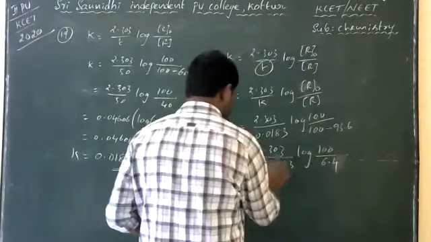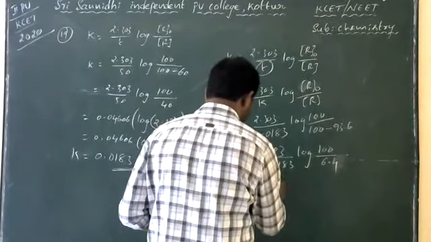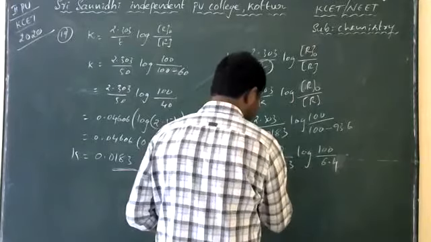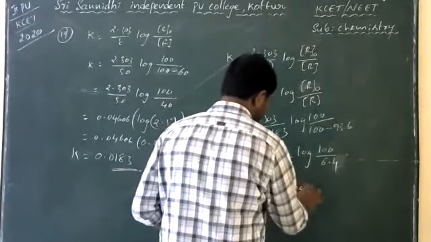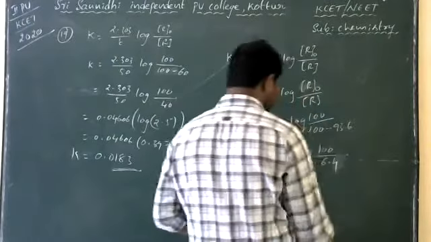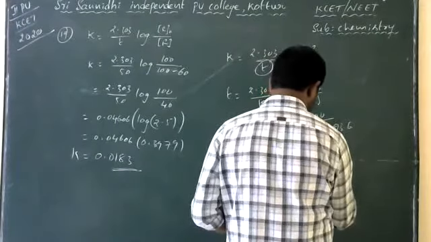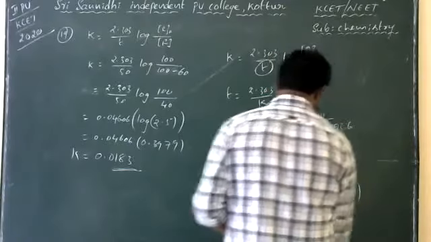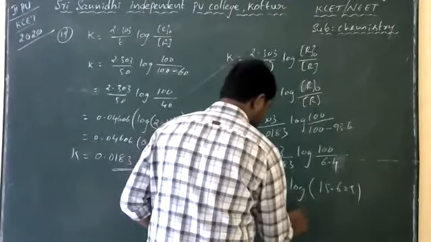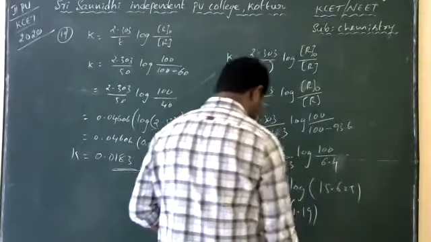Then 2.303 by 0.0183, this value is nearly 125.8. When you divide 100 by 6.4, you get 15.625. Then 125.8 times log 15.625, which is 1.19 something.